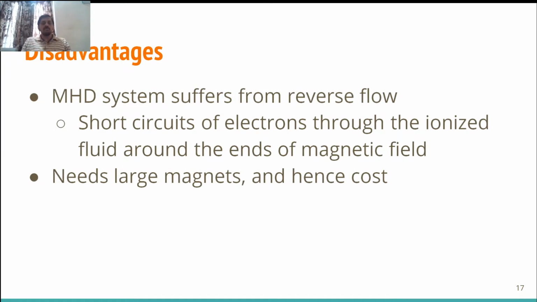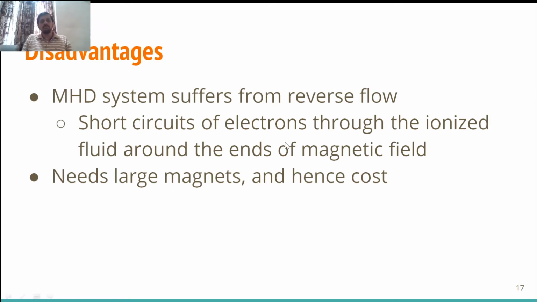One of the biggest disadvantages is the reverse flow, that is short circuits of electrons through the ionized fluid around the ends of the magnetic field. If you know the principles of magnetic field clearly, you can understand this easily. Whenever there is a magnetic field and some conductor is placed within the magnetic field, there could be losses, say losses in electrical engineering or magnetism.